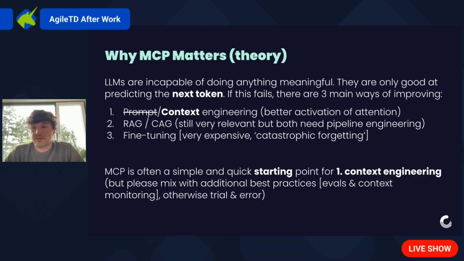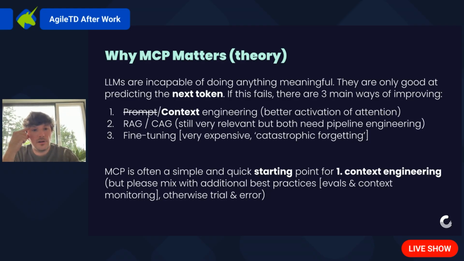And cache augmented generation, that's basically when you throw millions of tokens, so the content of multiple books, into the cache, and then you let the LLM decide which parts of those are relevant. But that's not always delivering the high results for reasons that we will talk about in a second.